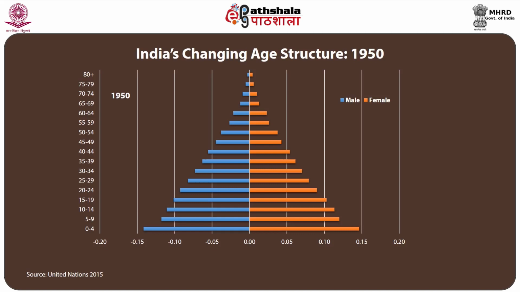What does it mean? A large proportion of people are born in each year, so the younger, bottom part of the pyramid will always be much wider than the later part, creating a typical triangle shape of the age structure in India.